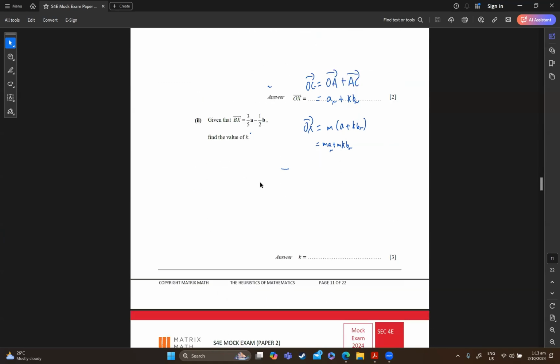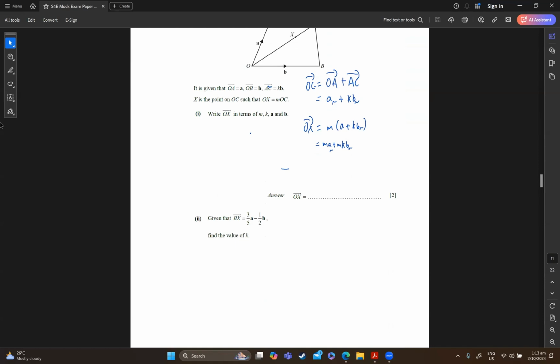Okay, so I want to split this equation here. OX minus OB. So we already found what OX is, right? Which is right here. Minus.